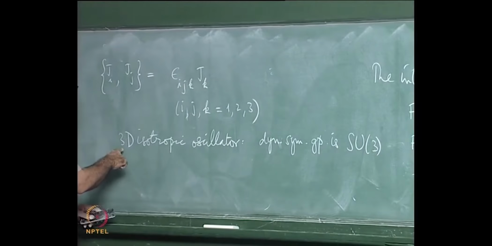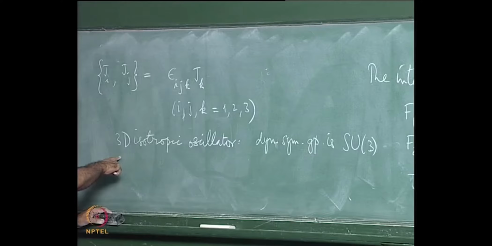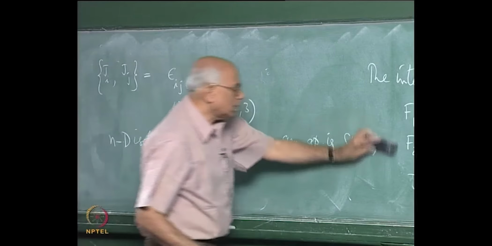In fact the general statement is that for the n-dimensional isotropic oscillator, I should not call it n because this number n has been used for degrees of freedom, but okay, it is the same number actually, the group is SU(n).